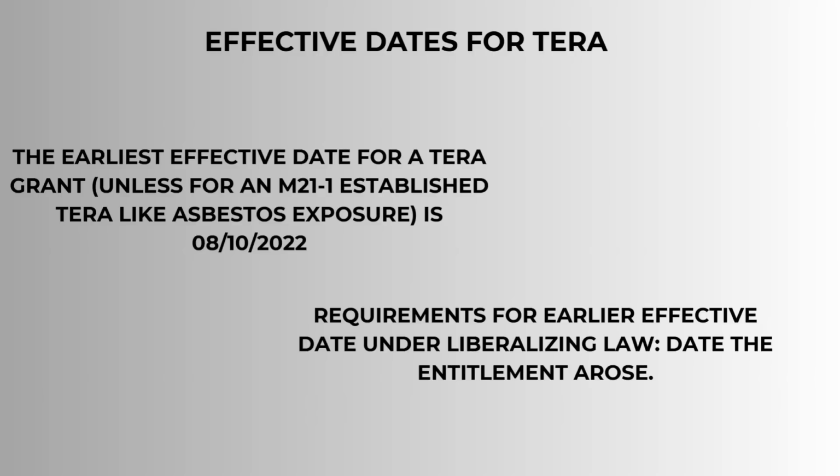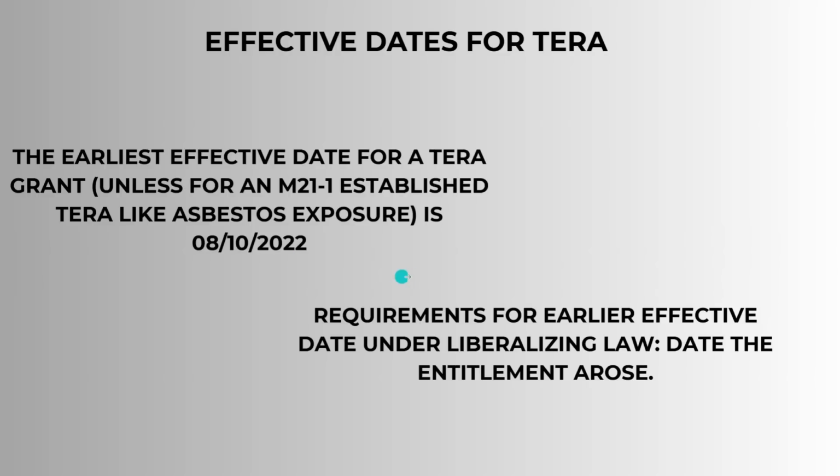But for anything that was changed in the PACT Act that is considered a TERA, you can't go back further than 8/10/2022 because it's tethered to the liberalizing law change of the PACT Act.